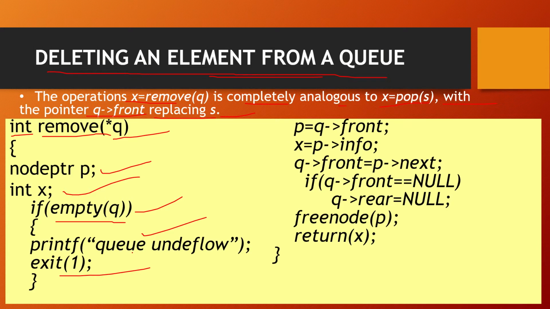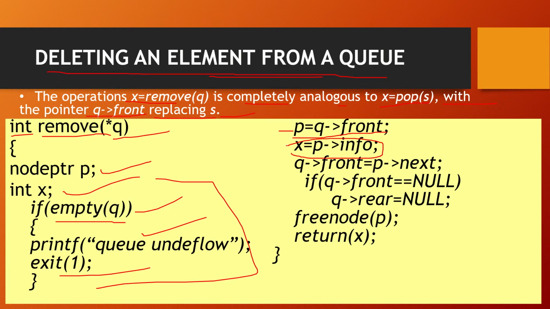Now, if this is not the case, q is not empty, there are some elements in the queue, so what it will do, p equal to q front. The value that q front was pointing to earlier, we copied into p. So q front and p have become aliases, two names for the same memory location. Now what we will do, copy the info part of pth node to x.